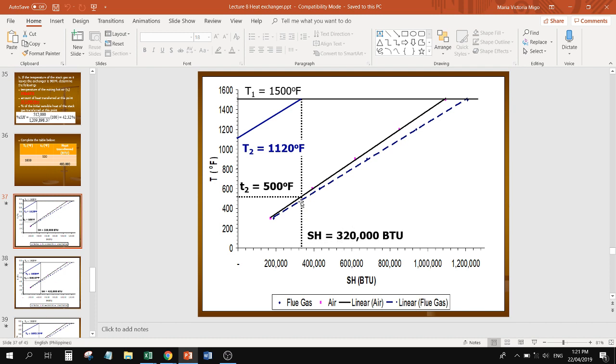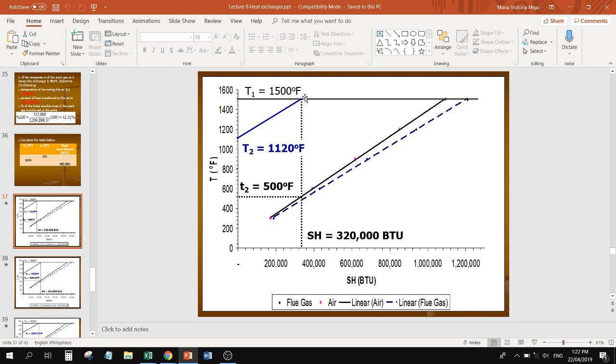But to read the temperature of the hot flue gas, we don't do it by using the intersection of small letter T equal to 500 degrees Fahrenheit with the line of the flue gas. What we do is, from the intersection of the line small letter T2 equal to 500 degrees Fahrenheit and the cold fluid line, we make a vertical line.